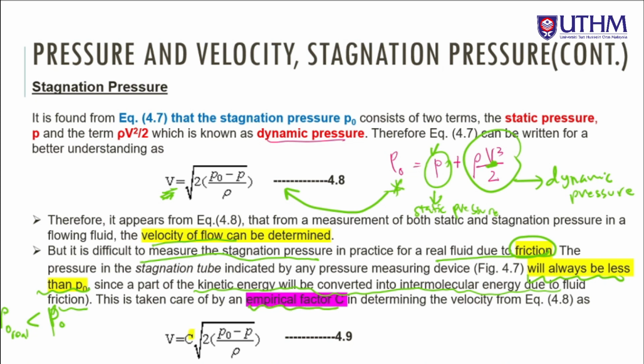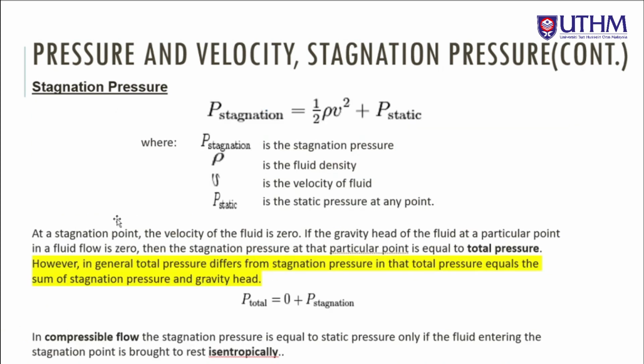Okay, and this can be taken care of by including this empirical factor dekat depan ni, satu constant in determining the velocity. Okay, so this is additional factor that need to be considered if let's say kita consider a real fluid lah, in which frictions takes place. Okay, so in the end kita boleh conclude that P stagnation is equivalent to this.